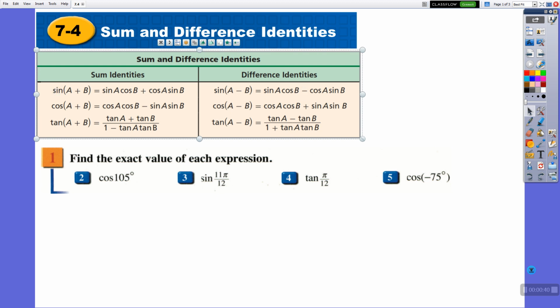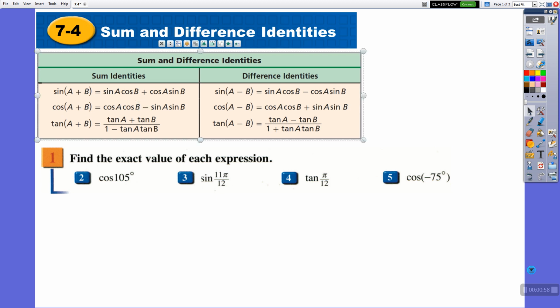For the function sine, we have sine and cosine together. But for function cosine, it's different. For the identity cosine A plus B, the expansion is cosine A times cosine B minus sine A times sine B. Unlike sine, we have addition in the first part, and in the expansion, we have subtraction.